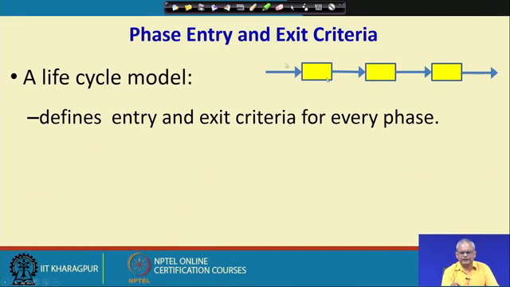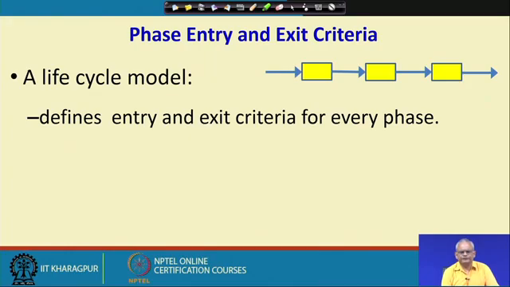Without a phase entry and exit criterion clearly mentioned in the life cycle model, it will create a lot of confusion. For example, if we do not say that the requirements document is complete only after the document has been written completely and has been reviewed, different teams may interpret it differently, and some might just write it and then proceed to the next phase.